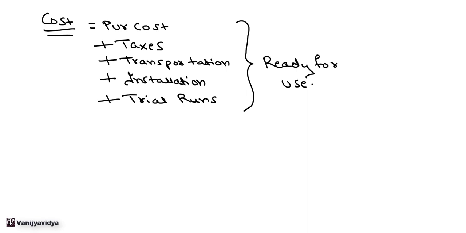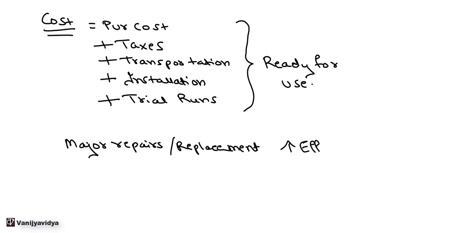Now see, once the asset is ready, then there might be certain major repairs or replacement. So this major repairs or replacement in the later stage will be added to the cost of asset only if it increases the efficiency. Now, what do you mean by increases the efficiency?